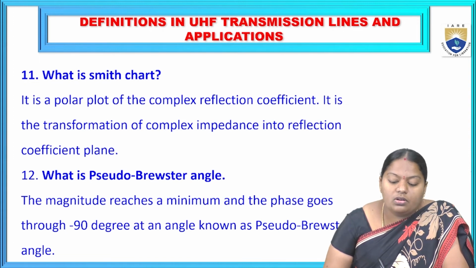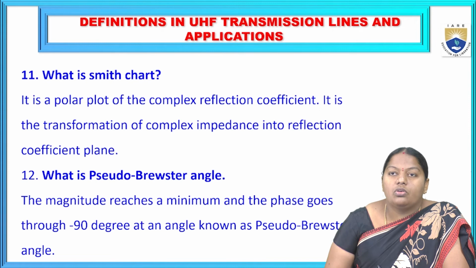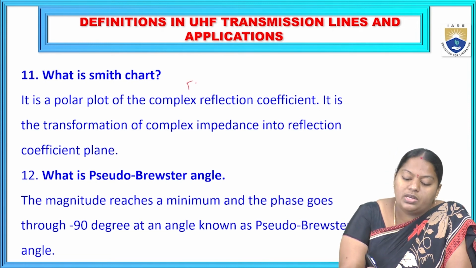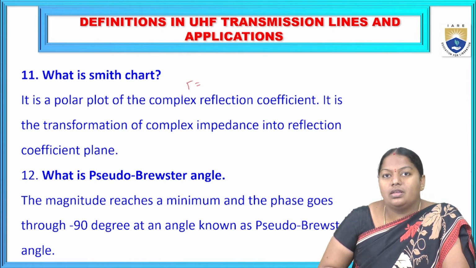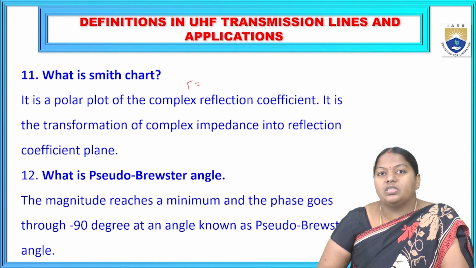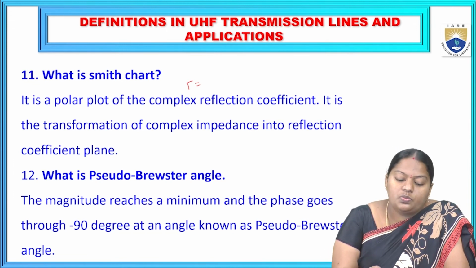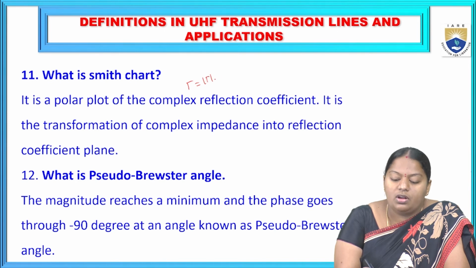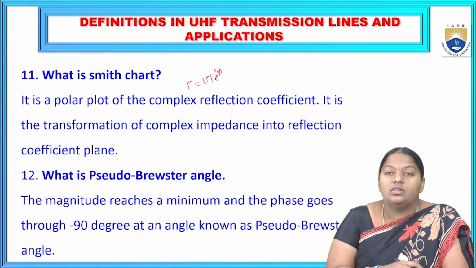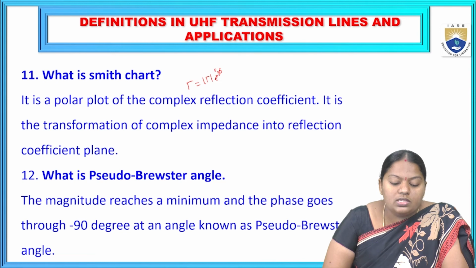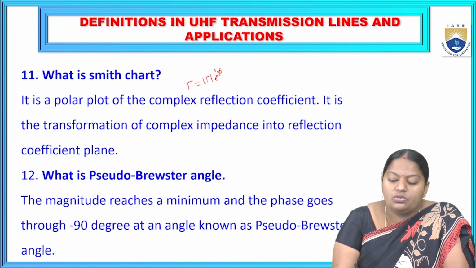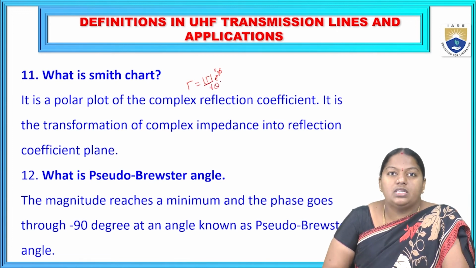Generally gamma is complex in nature, meaning it has a real term and an imaginary term, and we express the Smith chart as a polar plot, with the magnitude as modulus of gamma and the phase function as e power j phi. In this polar form, the magnitude is represented with r and the phase angle with theta, right?